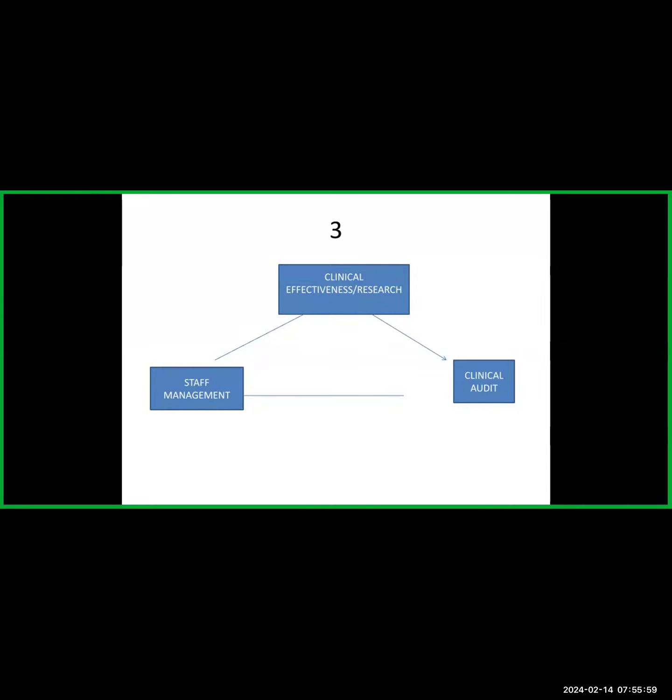So you need to find out what are the things on ground. If you are auditing in line with structure, you need to know your staff strength, your equipment, your space, all those things.